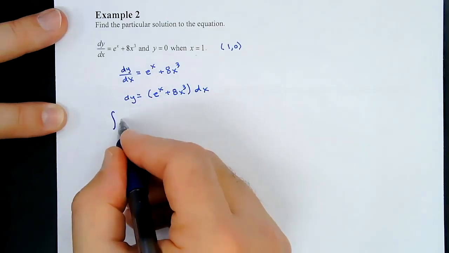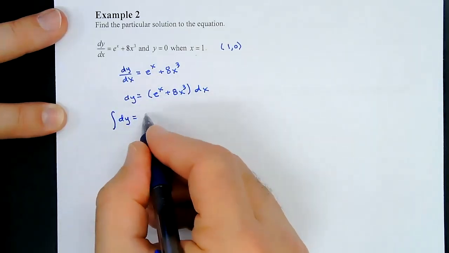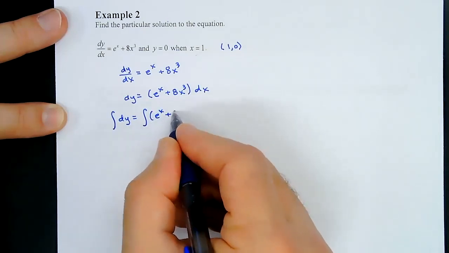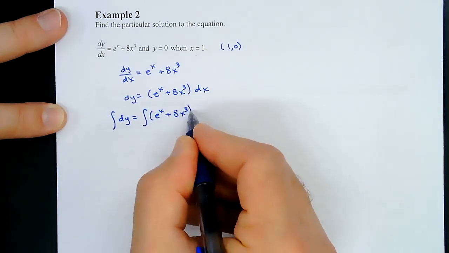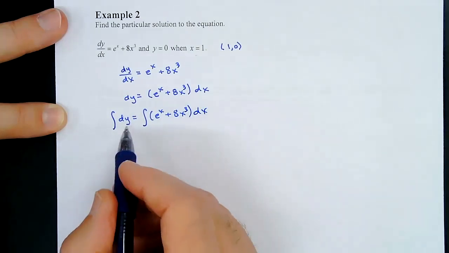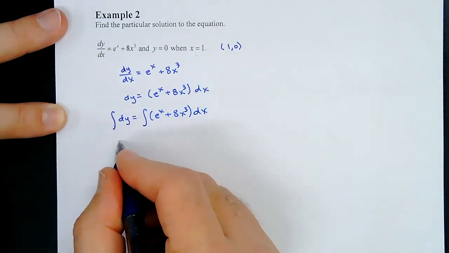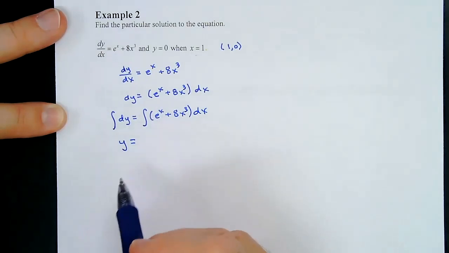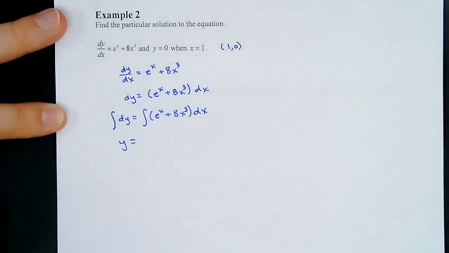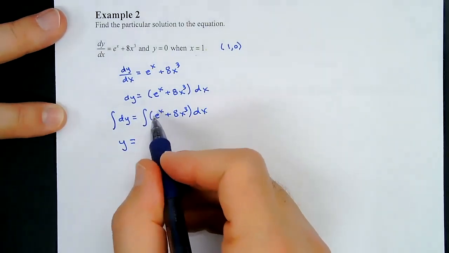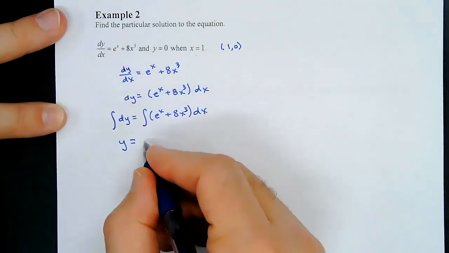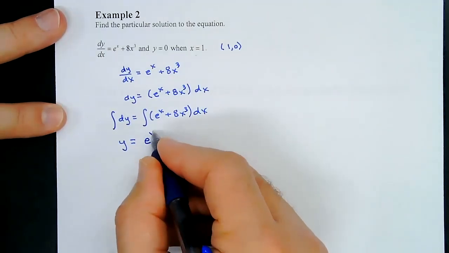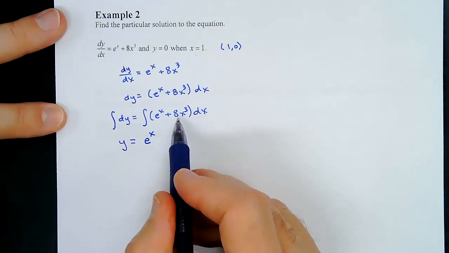So we integrate dy is equal to the integral of e to the x plus 8x cubed dx. This left-hand side becomes y. So y is equal to, what could I take the derivative of that would give me e to the x? Well, it's e to the x, because the derivative of e to the x is e to the x. So this is e to the x, and then this one is plus 8x cubed.